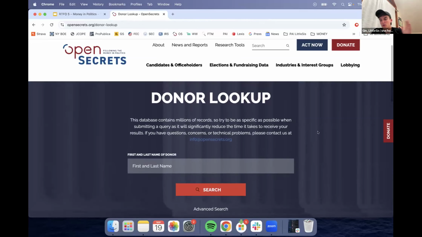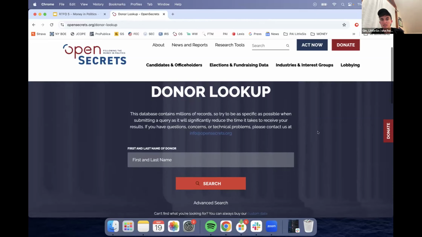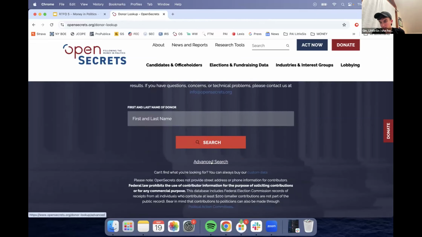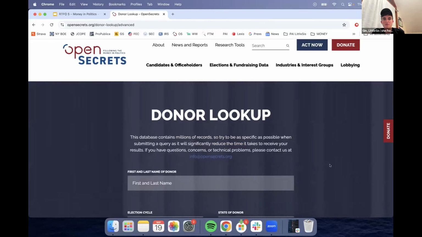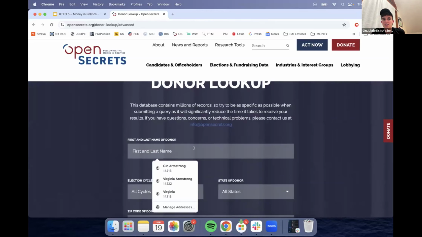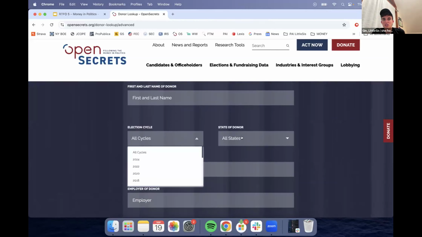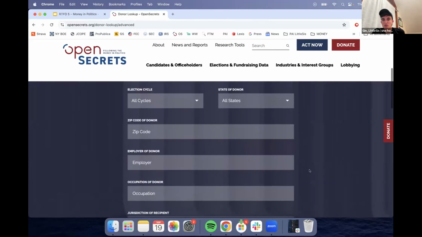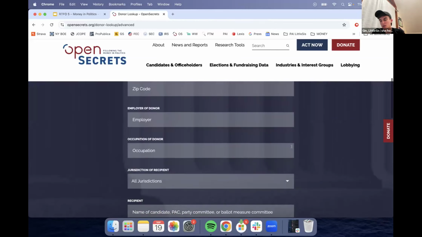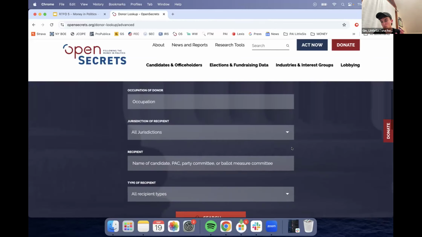Now, for those who are interested in looking up state donations, you can click this advanced search button below the big red search bar here, and you put the first and last name of the donor there. You can click the election cycle, the state of the donor, zip code, employer, all those things that were similar to what Rob showed with the FEC database.